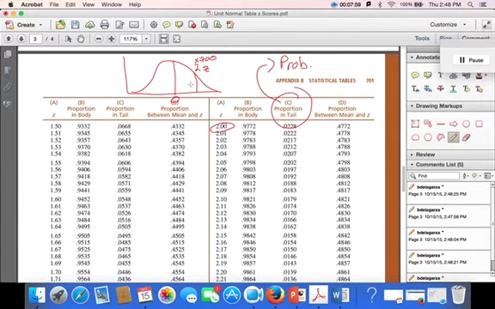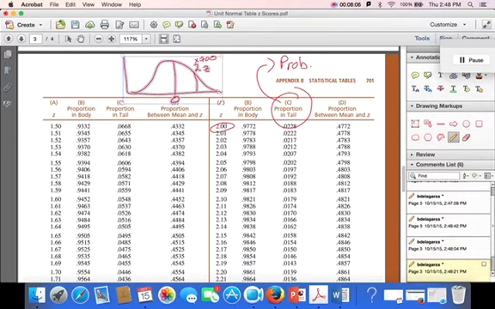I want to know what's the probability that someone will get a 700 or greater in terms of their SAT score. Because remember, if this line represents a 2, anything to the left of it is going to be less than a 2, right? So we're going to be getting further away from this value of 700. We're going to get values like 650, 600, 550, etc., right?